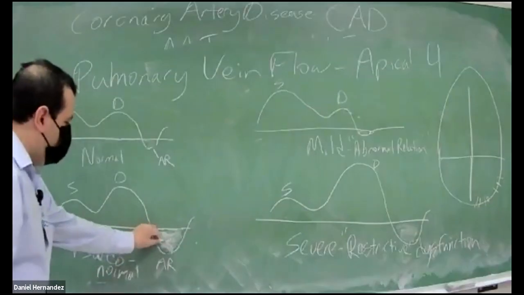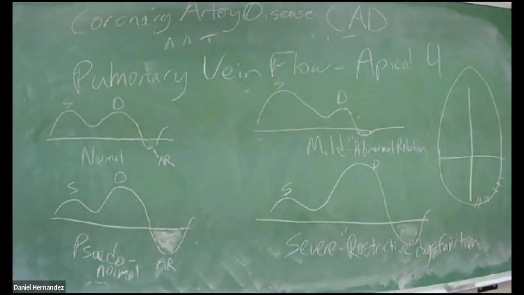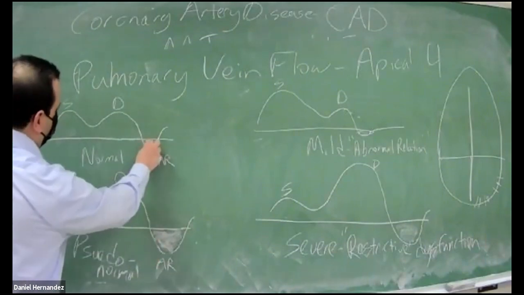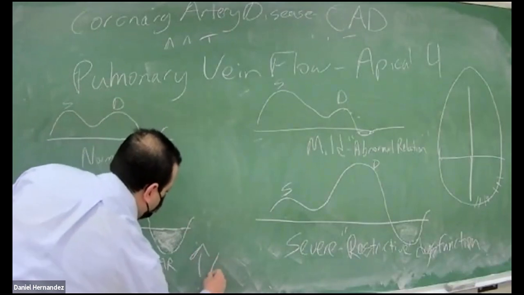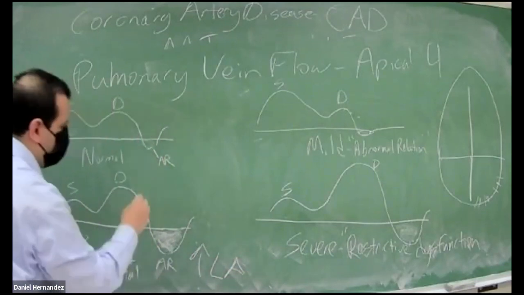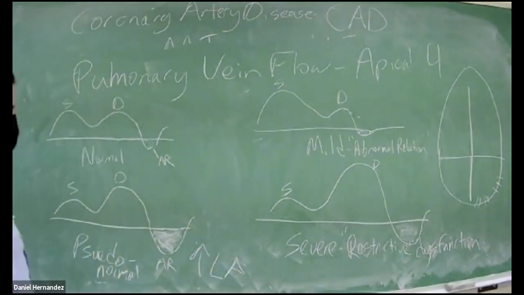So how can we tell between pseudonormal and normal? This reversal of flow component is going to be much larger than your normal, because over here you have elevated LA pressures. So you're getting reversal of flow back into the pulmonary veins.